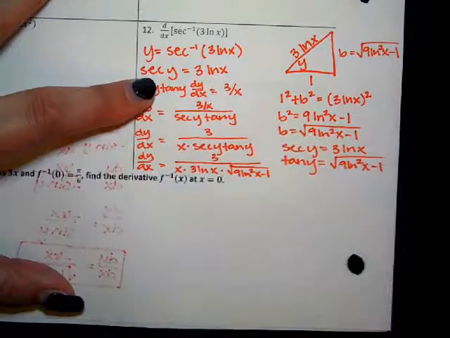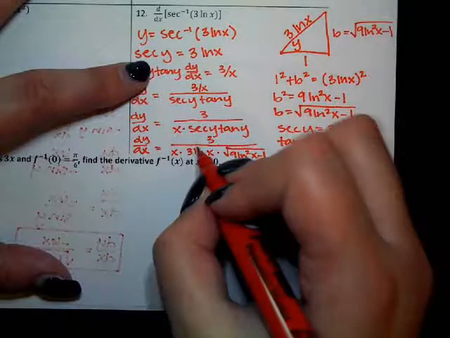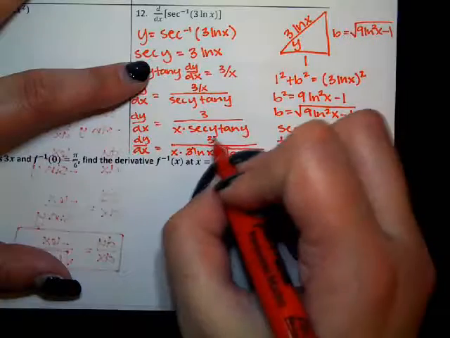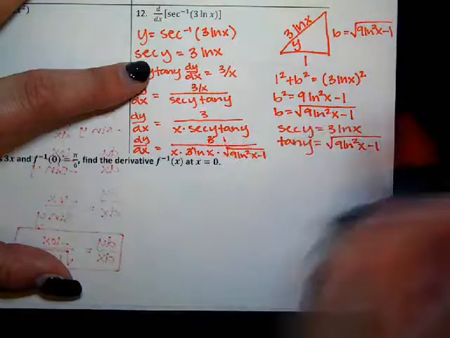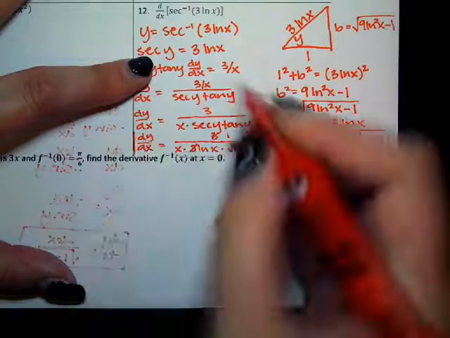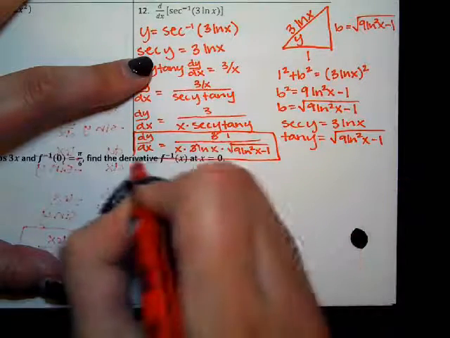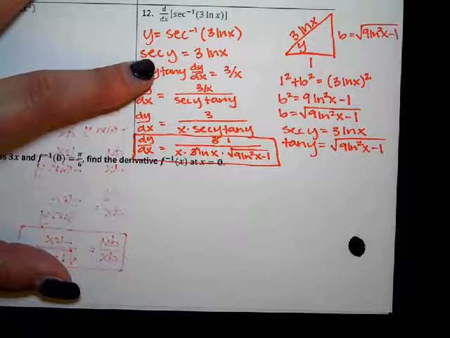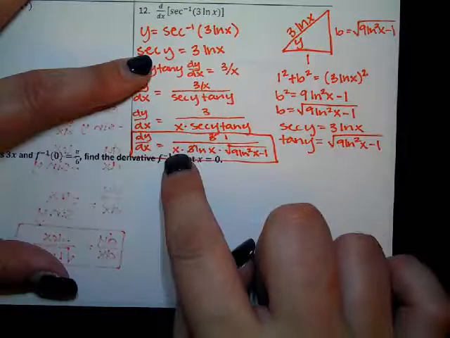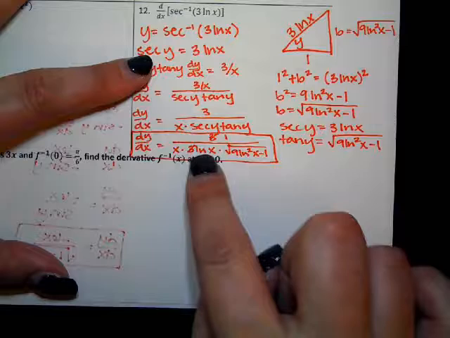You can simplify the 3's, get rid of them. I ran out of room, so I'm going to leave it there, but you could rewrite it with those 3's cleaned up. That's about it. You can't do x squared because this x is in front, and that x is ln of x.